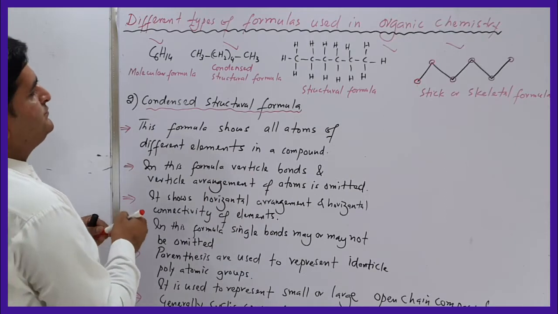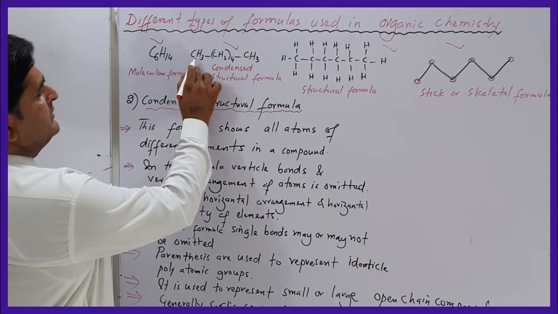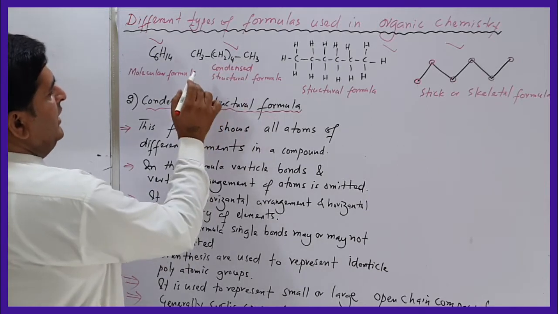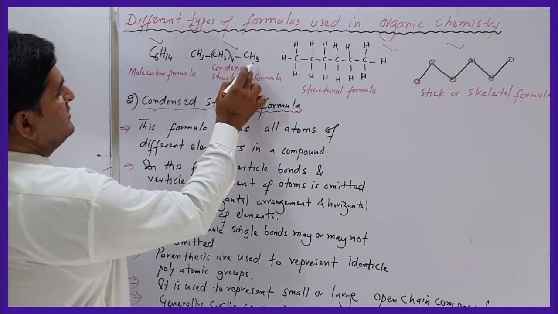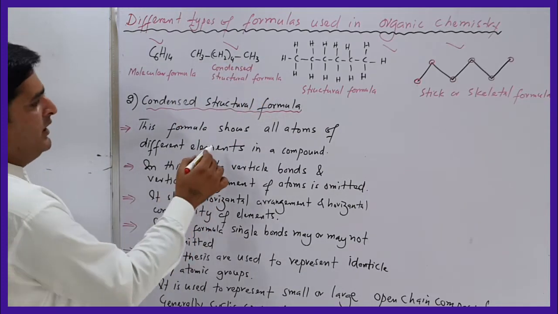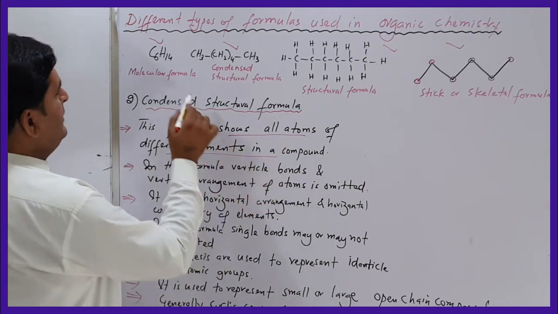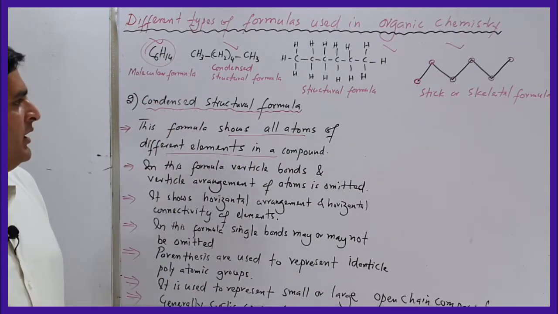For example, 6 carbon atoms and 14 hydrogen atoms. So this formula shows all atoms of different elements in a compound, as is exhibited by the molecular formula.